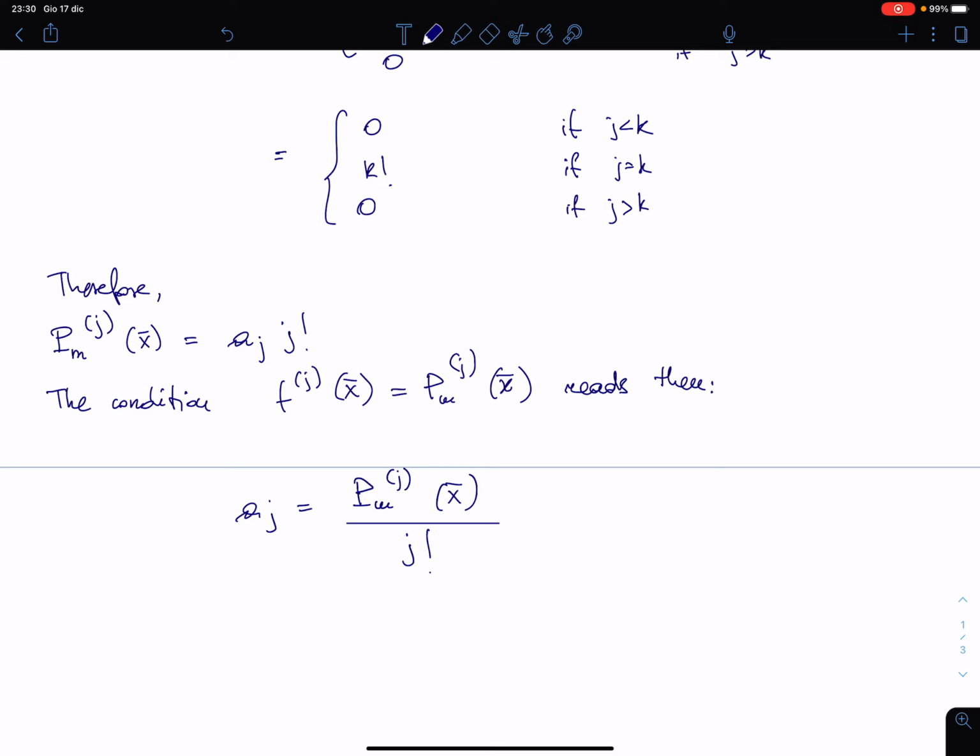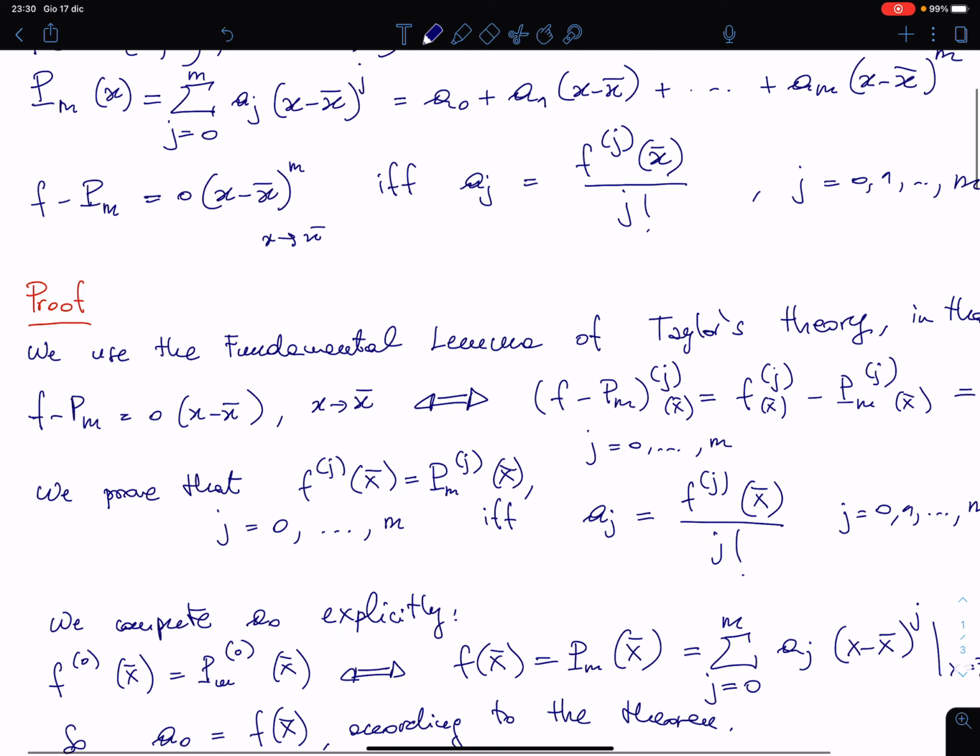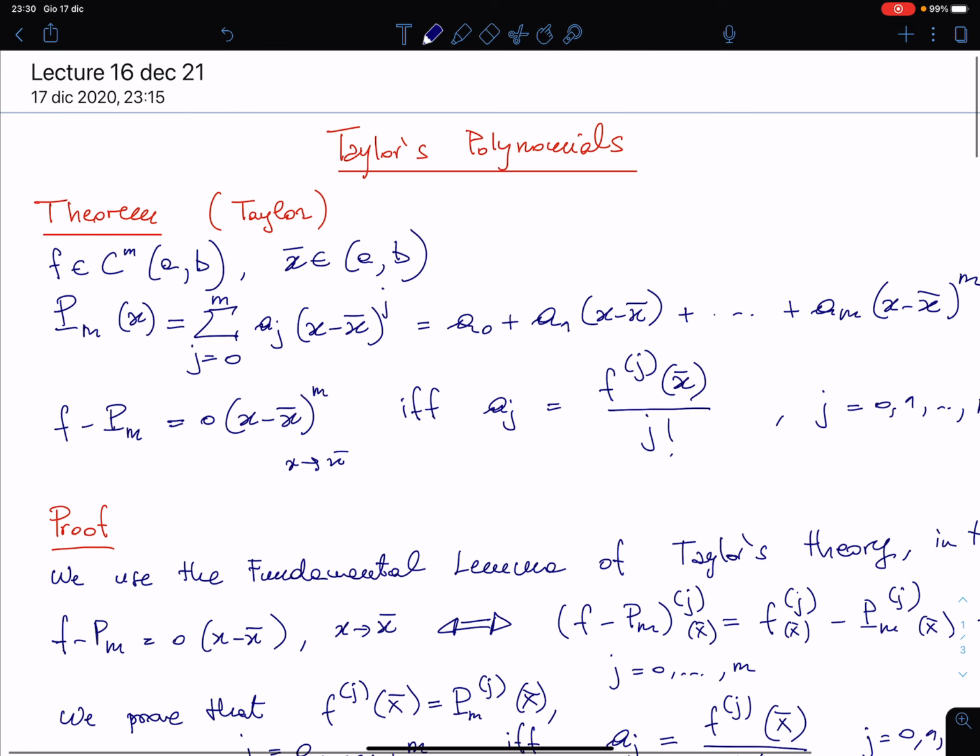And this is the end of the proof. It is an if and only if, because in the lemma there is the if and only if. Okay, and this is the proof of Taylor's formula and of Taylor's polynomial.